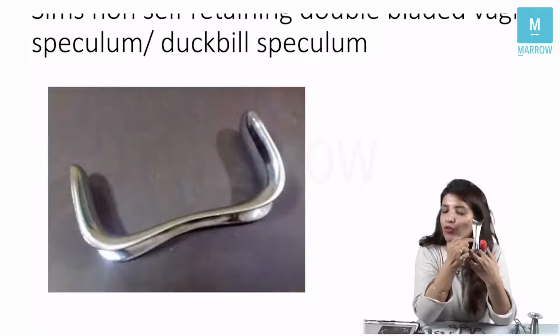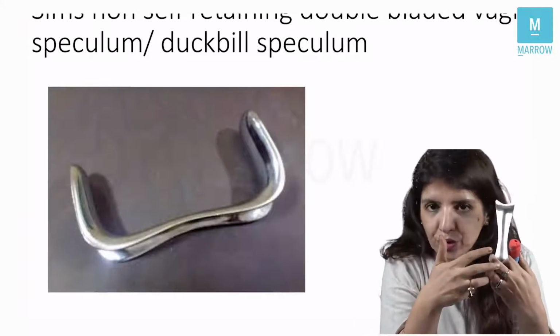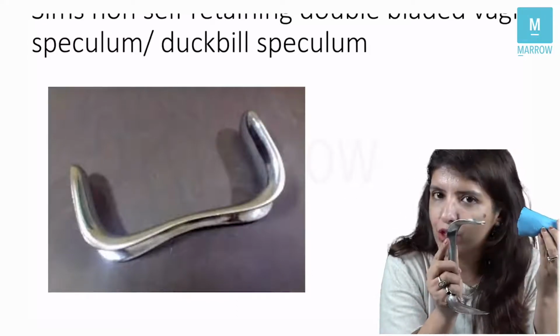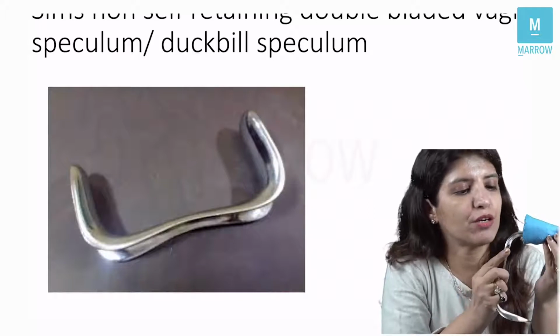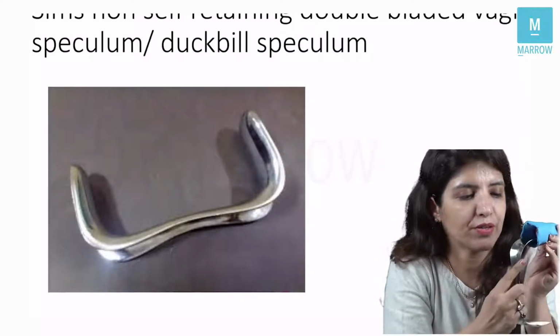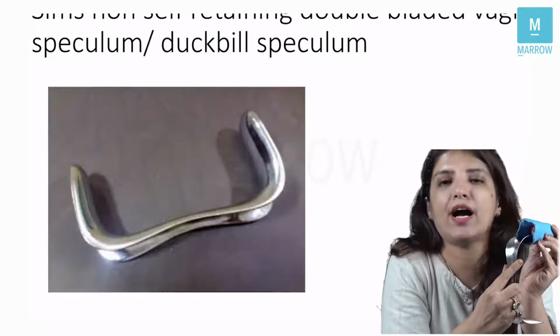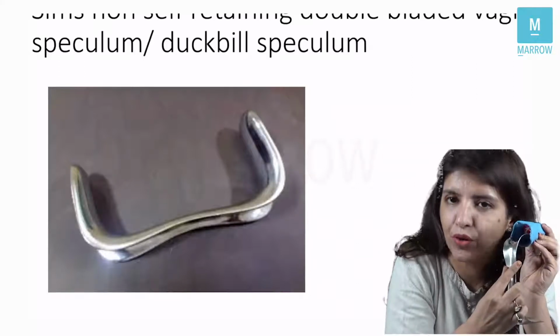This groove is for the drainage of any discharge, right? Now, this is a posterior vaginal wall retractor. So, I am going to retract the posterior vaginal wall with it like this. Since it is non-self-retaining, I will need an assistant to hold it, right?